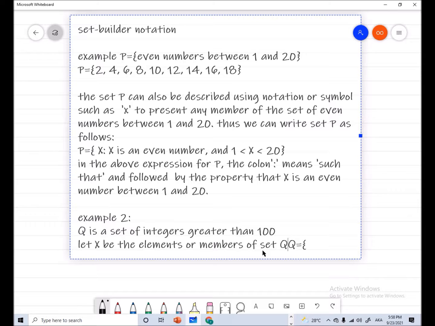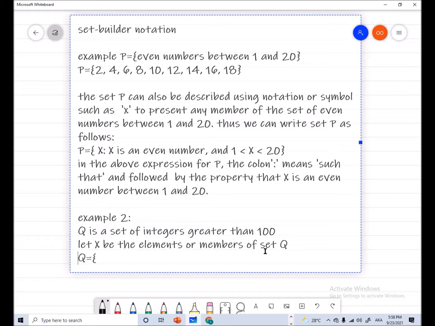So it says that Q equals, x, which is the members, such that x is what, a member of what? x belongs to the integers, right?